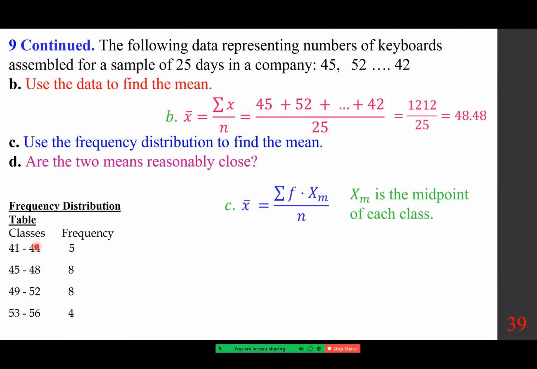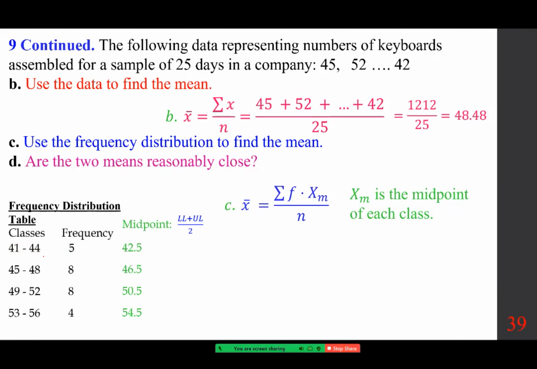For example, for this one, the lower limit is 41, the upper limit is 44. We add them up and divide by 2, and that gives us 85 divided by 2, which is 42.5. So lower limit plus upper limit divided by 2.